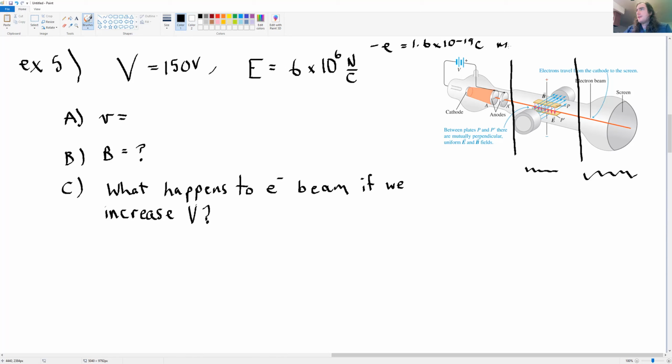The mass of an electron is 9.11 times 10 to the negative 31 kilograms. So I definitely should give you that information. What formula am I going to use? I know the charge, I know the mass, I know the electric field, I know the voltage.